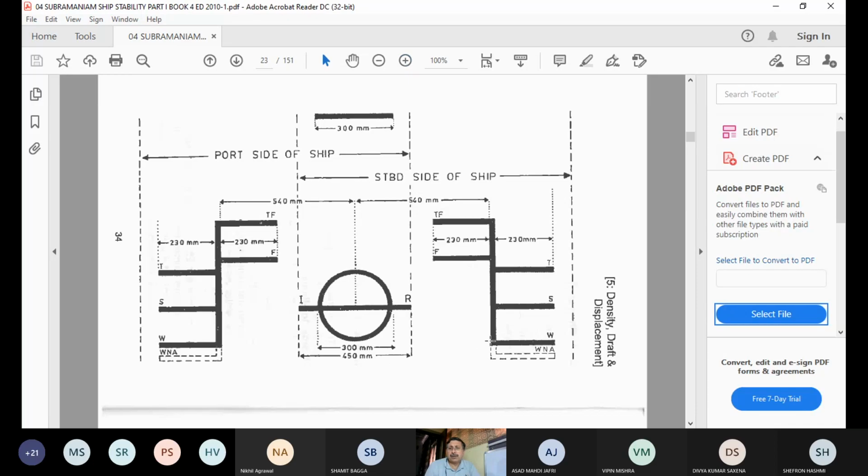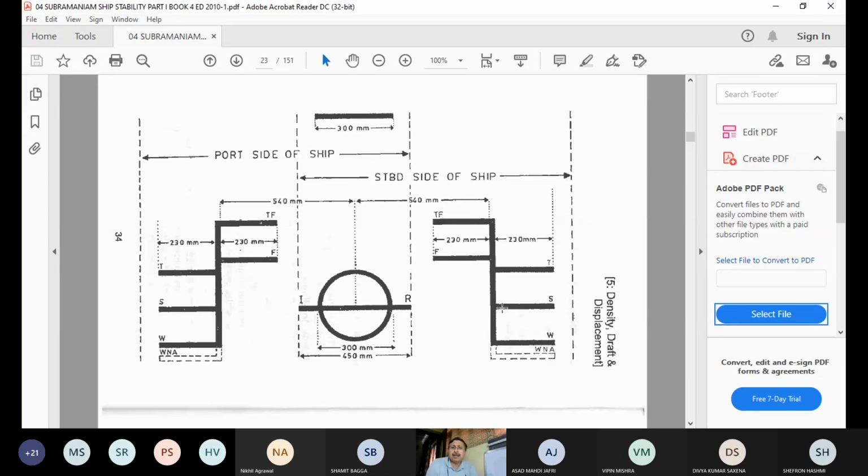All right. So now, if I am at Chennai, say I am at summer, and I load up to the summer mark at Chennai. Now I go from Chennai to Haldia, and let's say Haldia is fresh water.